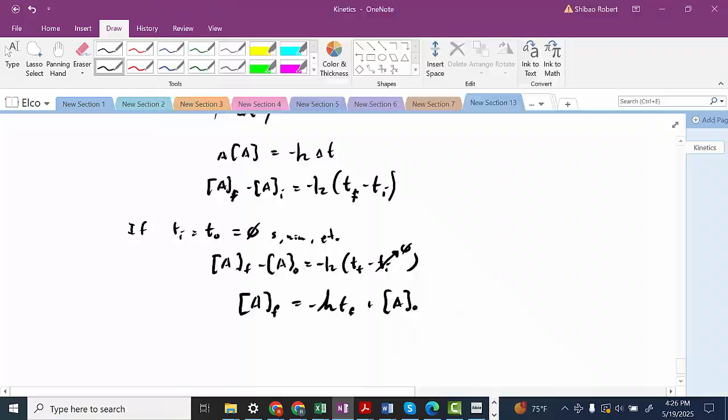All right, so if we're interested in how long something takes, the delta T is how long, and the delta A is how much. So if we have questions about how long and how much, then this is the equation we'd use. We could calculate the concentration of A at any time interval from 0 to whatever time final we have, as long as we know what A initial is, or we could calculate the time it takes.